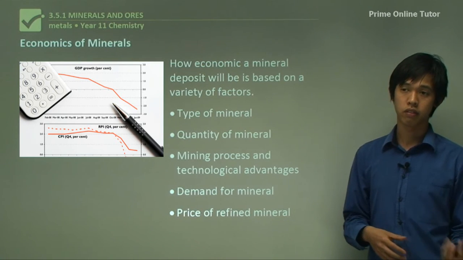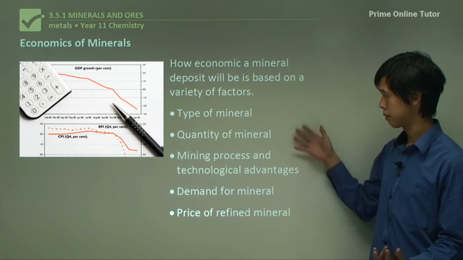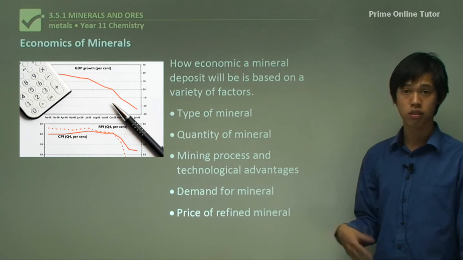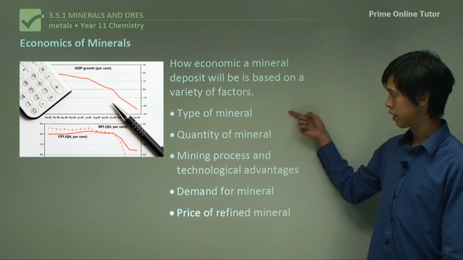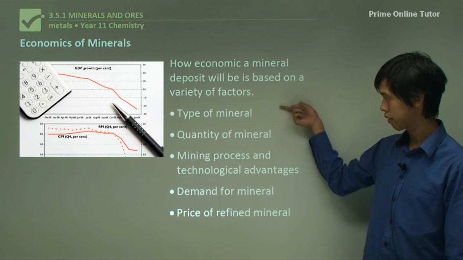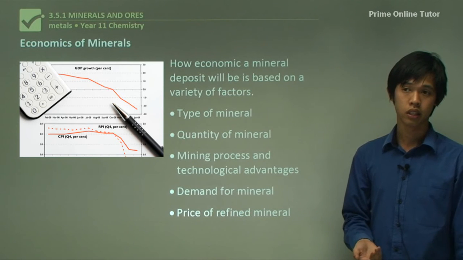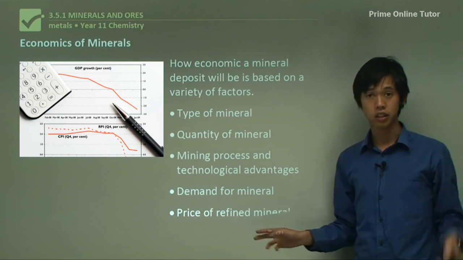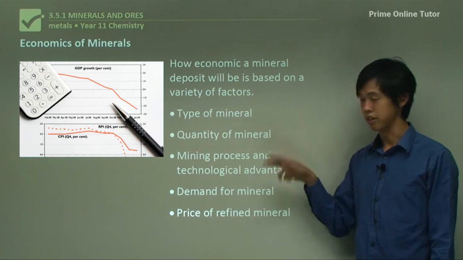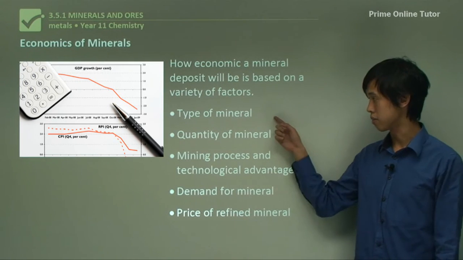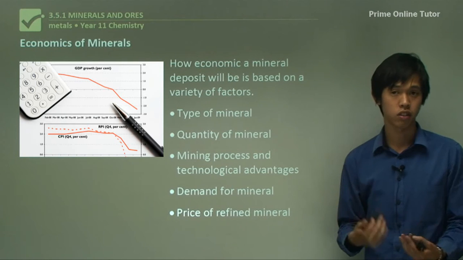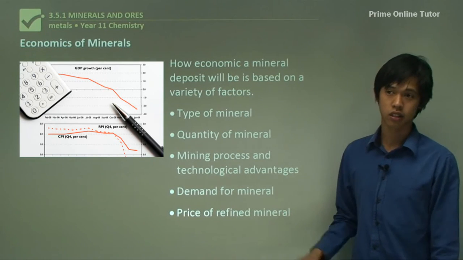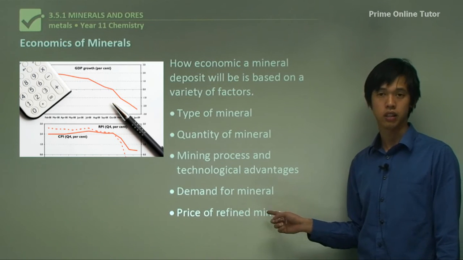But if we could only sell this refined mineral for very little, then all of these things become less useful. So we'll need a very big deposit so that we could sell a lot of this metal, a very good quality deposit so that it didn't take much effort to get the metal out, and we need a lot of demand. These two are kind of linked together.